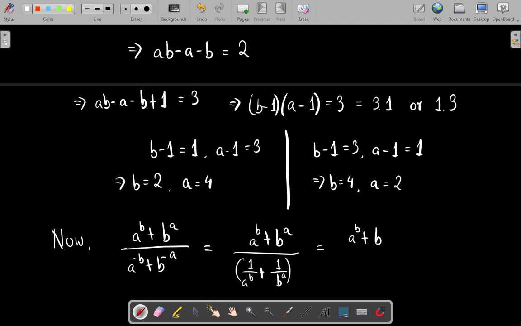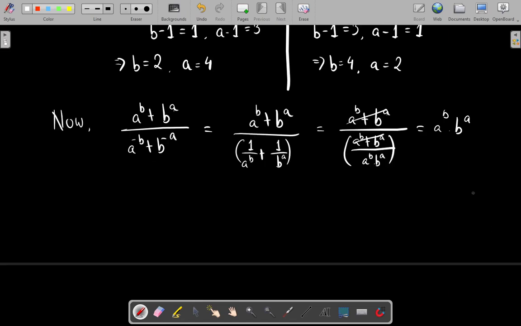On further simplifying, it becomes (a to the power b plus b to the power a) divided by (a to the power b times b to the power a), right? So this and this will get cancelled out, and we are left with a to the power b times b to the power a.